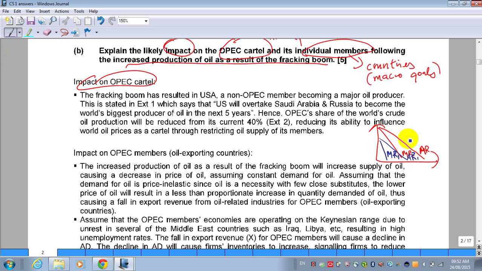So you can see that there is a parallel shift. The demand for the firm's product actually falls.